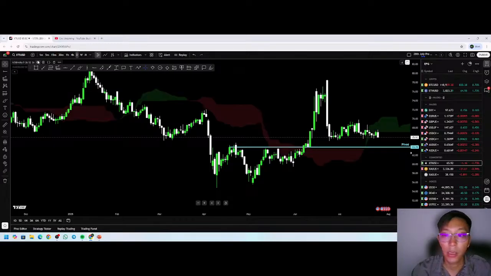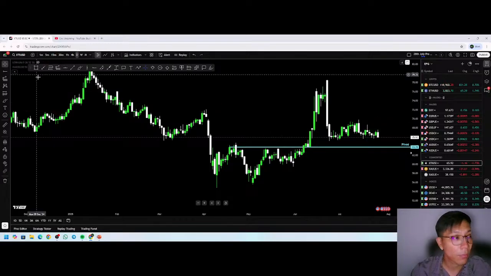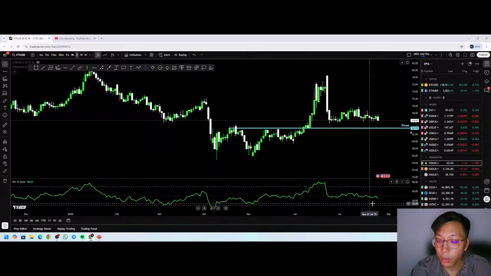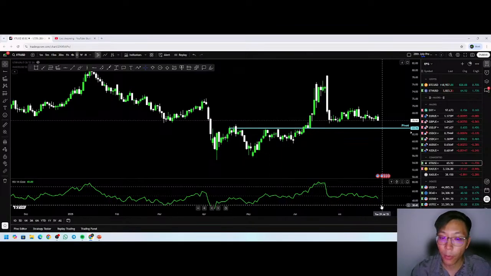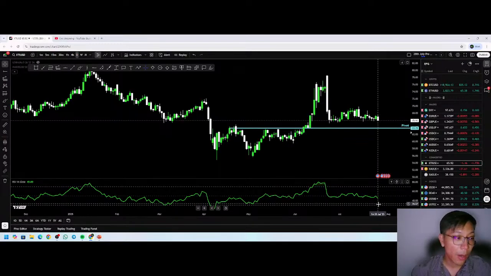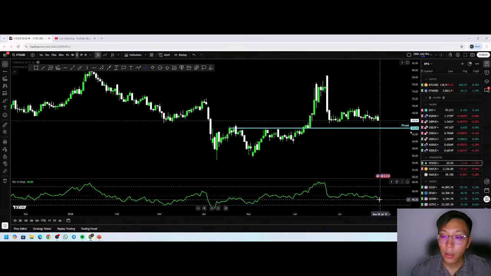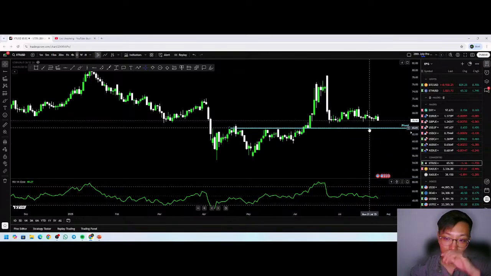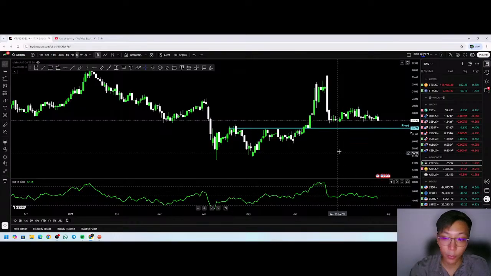Because if you look right here, we could potentially wait for price to be oversold, right, at the 30 RSI area. Okay, soon it might be at the 30 RSI, and then we can take buys from there.